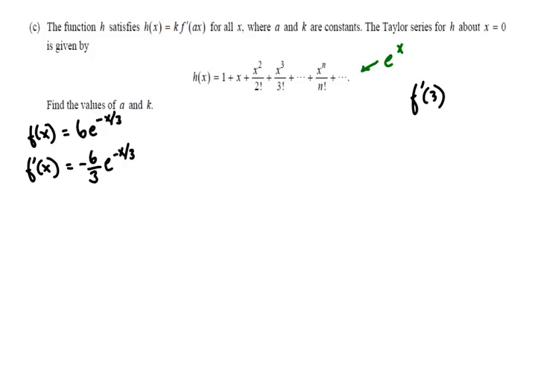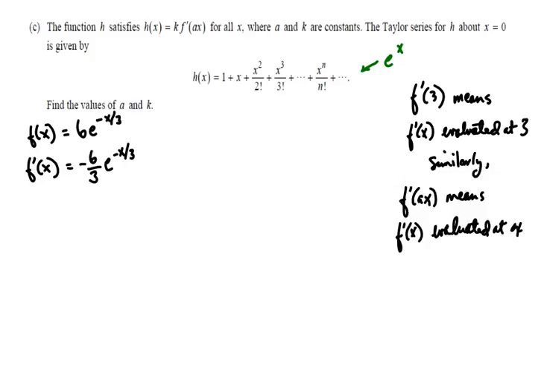So with this notation, f prime of something other than x means to find the derivative of f at x and then evaluate that derivative at whatever is in parentheses there. So f prime of 3 means f prime of x evaluated at 3. In the same way, f prime of ax means f prime of x evaluated at ax.